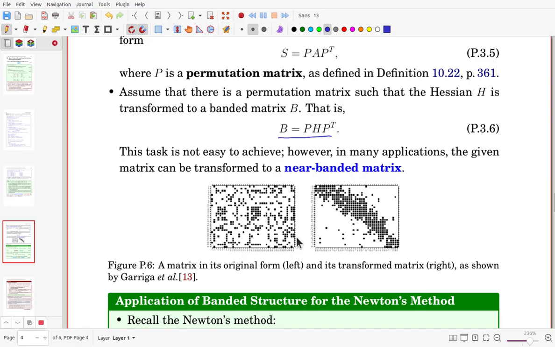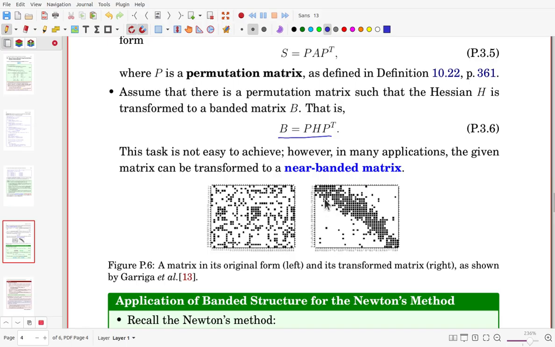Now, by using some transformation, usually this permutation matrix, front multiplication changes the rows, and back multiplication will make a column change. Now, after applying this similarity transformation, the matrix looks like that. So along with the permutation, this is the transformed matrix.